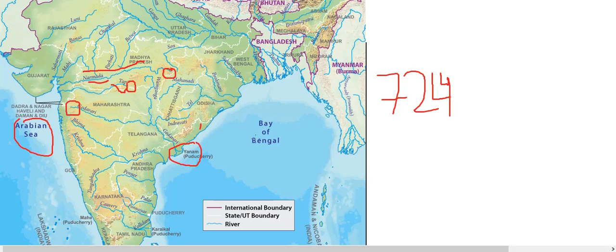So this river passes through almost 5 states and the total length of this river is around 1500 kilometers. So this is a very big river in peninsular India. You can say the largest river, and it is also known as the Dakshin Ganga.